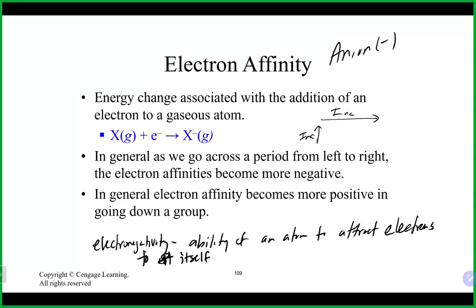And again, it does have a similar trend. It increases as you go up, decreases as you go down. So those are different things. Electronegativity, remember, is what we use when we try to determine bond polarity, right? The difference in how the electrons are going to be shared within a bond. That's like that 0 to 4 number that we had when we looked at bonding.